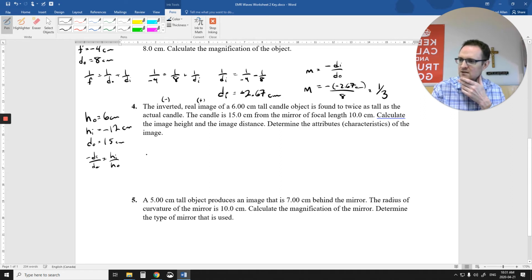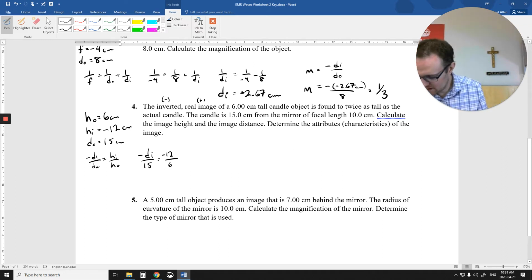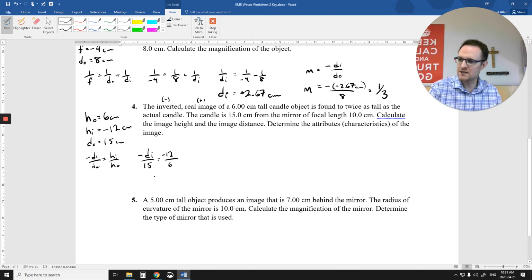So I got negative DI over 15, got negative 12 over 6. Okay, so I'm just rearranging this. So you got 30. So DI is positive 30. So that confirms that this is a real image. That's good. So we figured that one out.